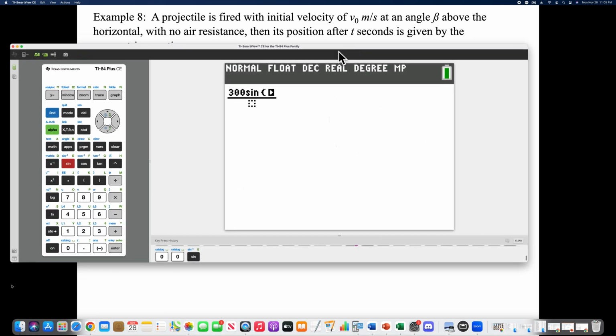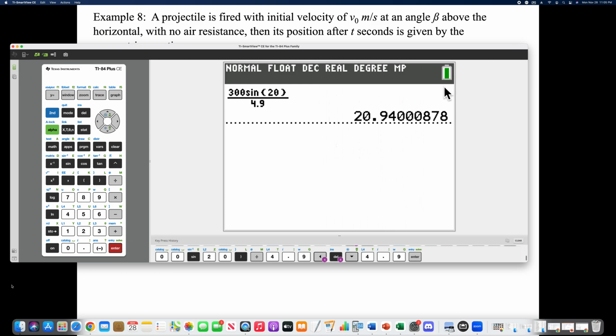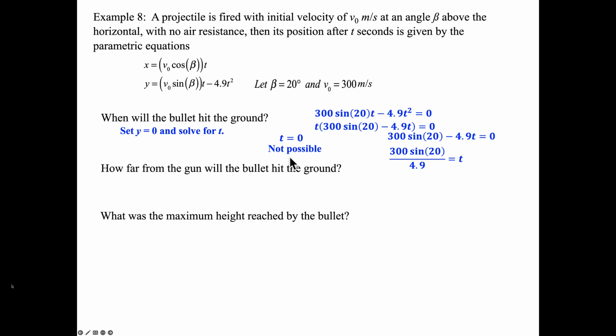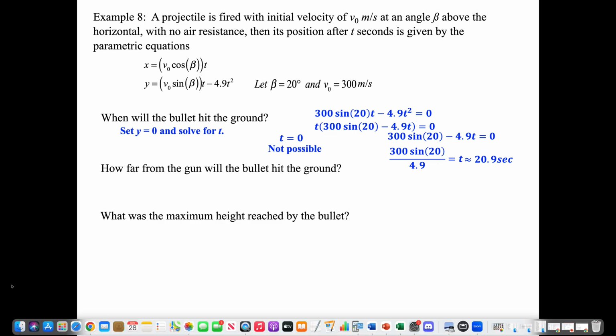Yep, sine of 20 divided by 4.9. I apologize for that, 4.9, you go down there. There we go. 20.94. So approximately 20.9 seconds.